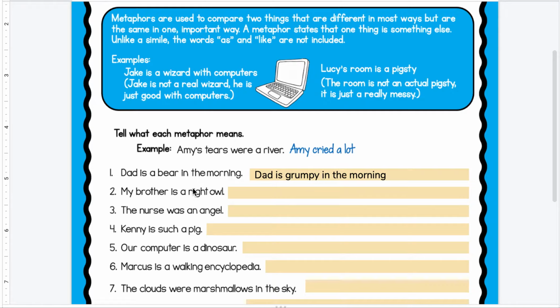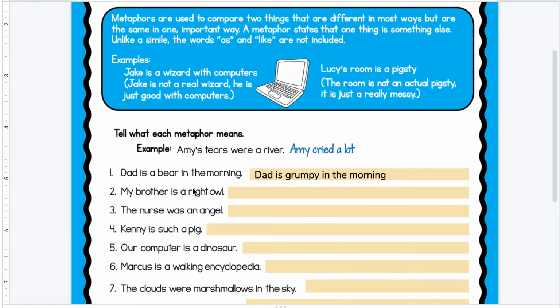So number 2, my brother is a night owl. Now, we're comparing her brother, or my brother, whoever it is, to a night owl. Now we know that owls come out at night, that they're nocturnal, meaning they sleep during the day.